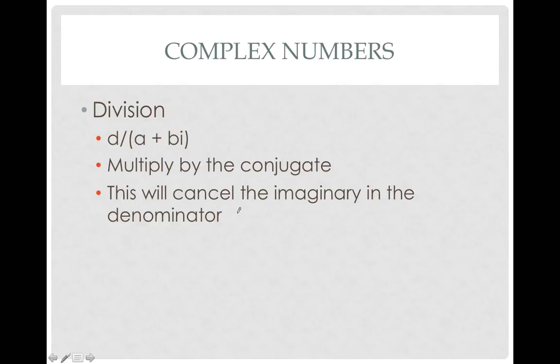If we were to try something else, if I did 2 plus i over, let's go, 3 minus 2i. In order to divide these two numbers, I need to multiply by the conjugate. Since now I have a complex number in the original numerator, I need to FOIL.